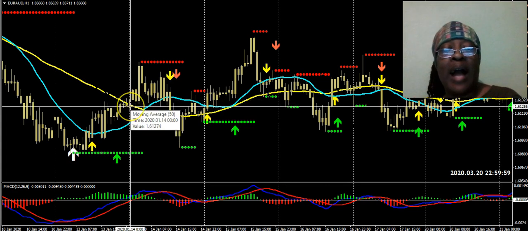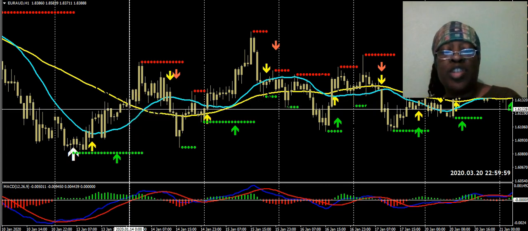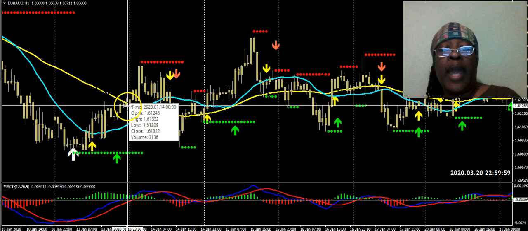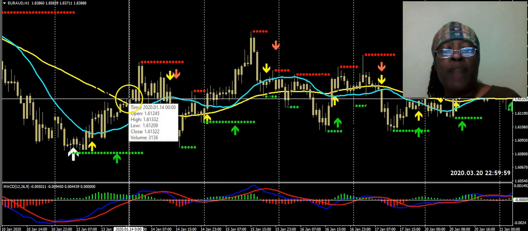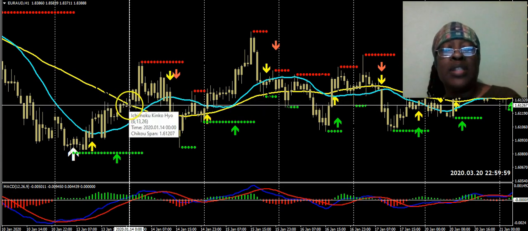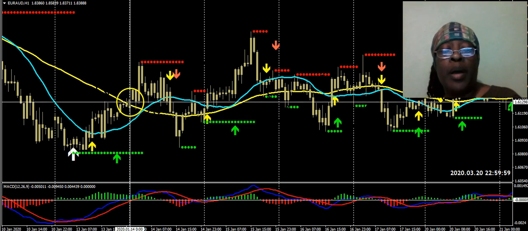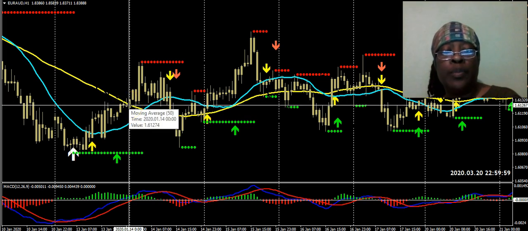So at 5 o'clock is when the session begins, and the candle closed above the 50. Now we want to take our cursor and line it up on that candle and look down at your MACD.